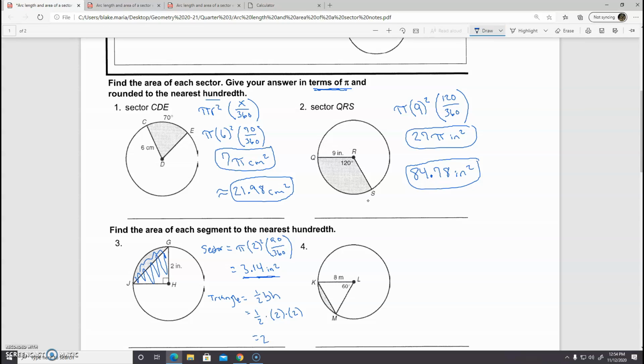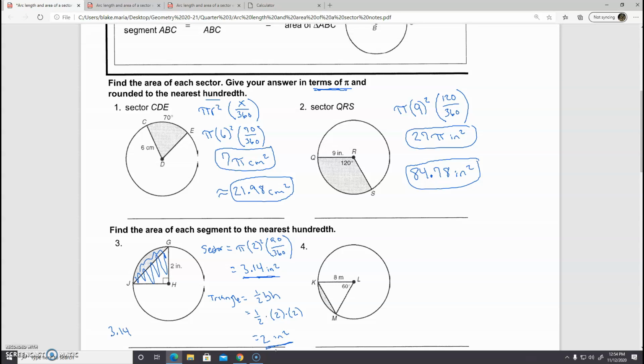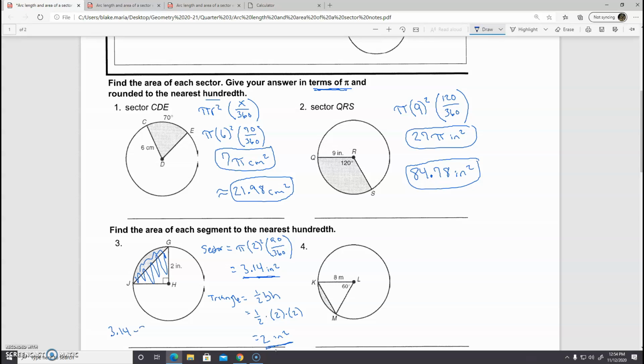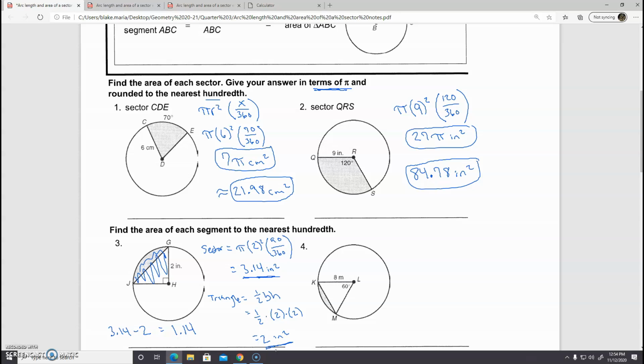Half of that is 2 inches squared. So that's the area of this triangle. Our total area is 3.14, and we don't want the triangle, so we're going to subtract out that triangle. And you're left with 1.14 inches squared. And that would be just that little shaded slip.